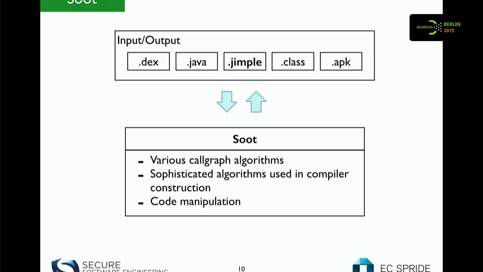It takes this Jimple code as input, and SOOT has been developed for 12 years, I guess, so there's a very big community behind it. It was originally designed as a compiler optimization framework, with a lot of algorithms from compiler construction, for instance call graph algorithms.